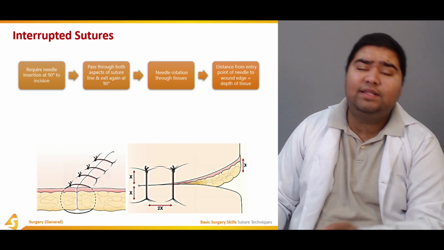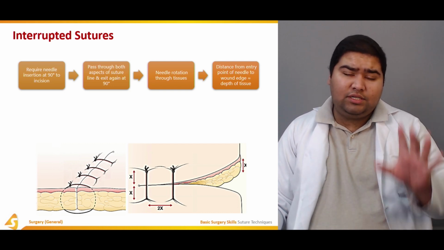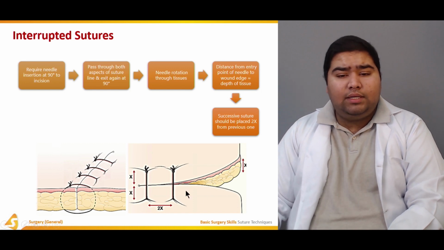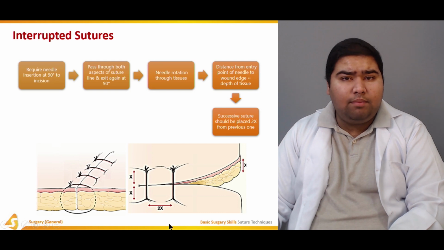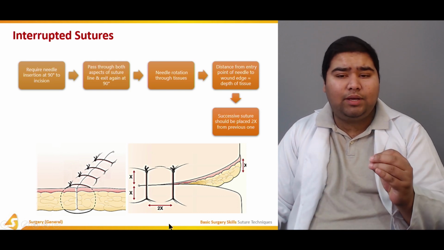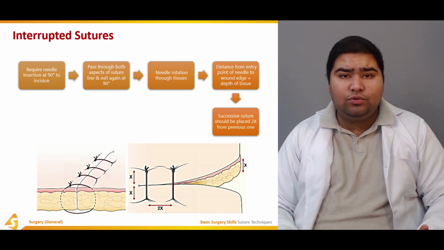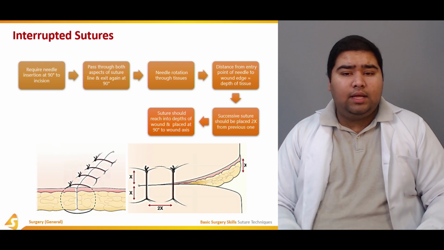You should always cover the entirety of the wound depth because it is important so that you can close the wound completely. Now, the distance between 2 successive sutures should be twice the distance between them. This is important because having twice the distance between 2 sutures helps the body to heal itself appropriately.